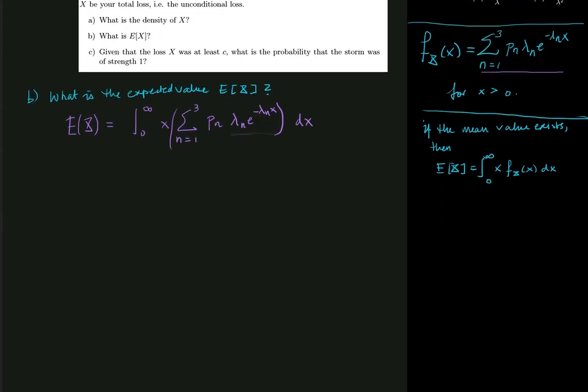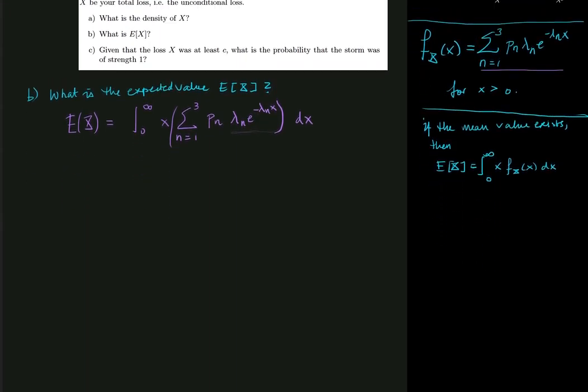So just a couple of reminders here of calculus rules. It is that if we have integrals and sums over some positive or non-negative entities, then we're always allowed to interchange them.